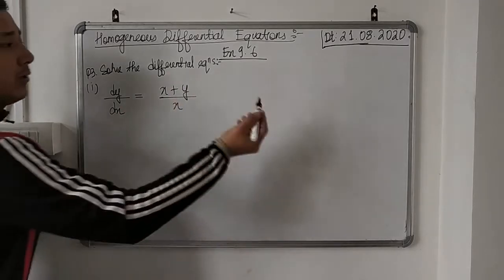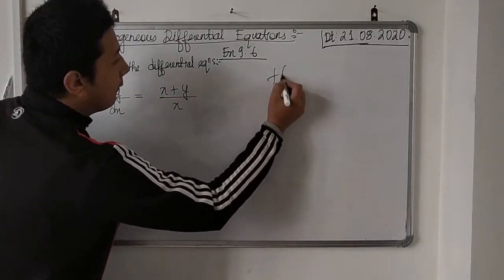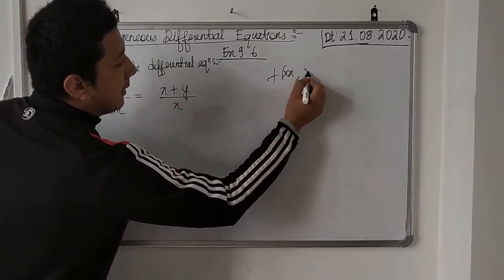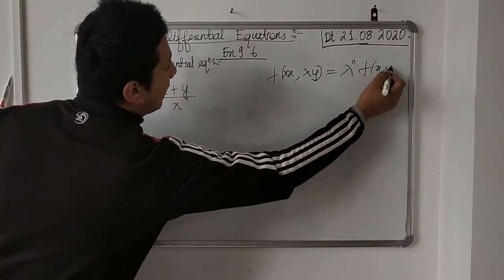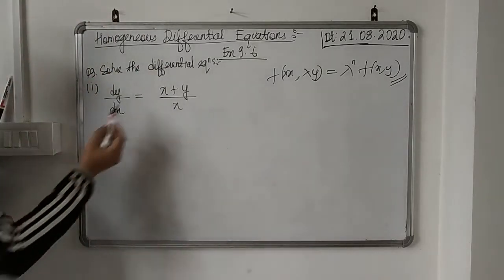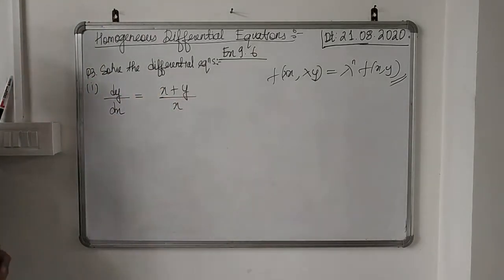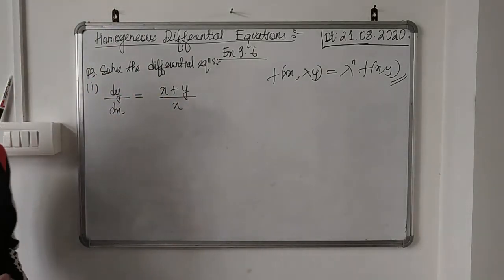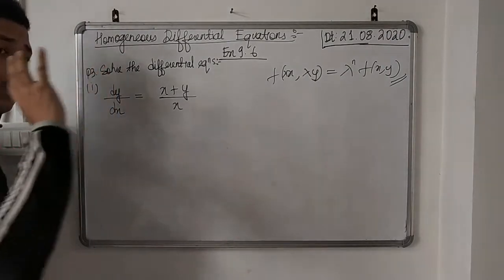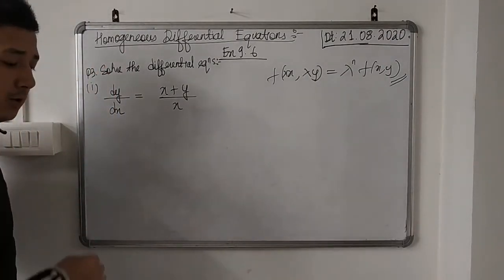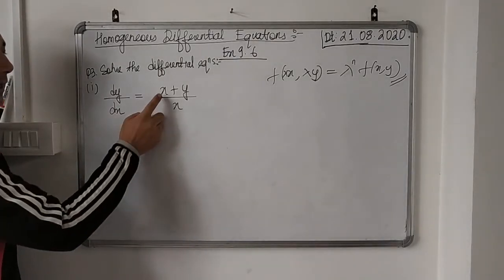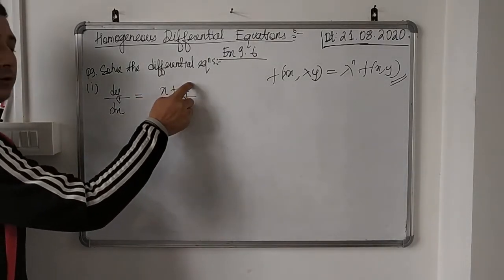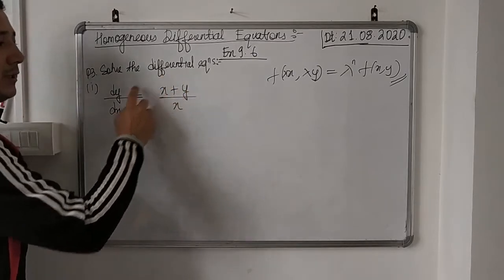We are not going to that lambda process, f of lambda x comma lambda y equals lambda to the power n f of x y. This will take a long time. I'm not going through this process, but rather a process which is very quick and easy to identify. A differential equation will be given to us. To identify whether it's homogeneous or not, we'll see the powers first. x to the power 1, y to the power 1, so the power in the numerator is 1.